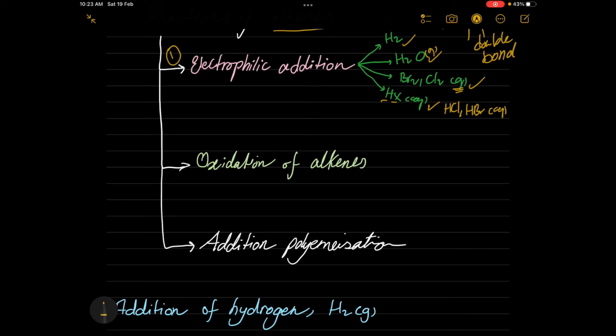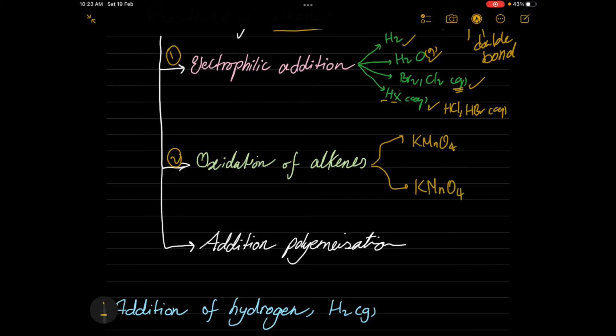And then we're going to jump to the second type of reactions, which is the oxidation of alkenes. And as well, we have different conditions in this case. We're going to use acidified KMnO4, which works as a strong oxidizing agent. And we're going to use the same material in here.